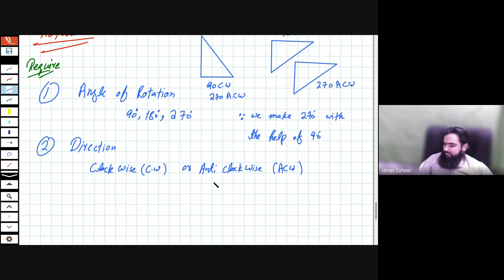Sometimes we write counterclockwise, CCW.